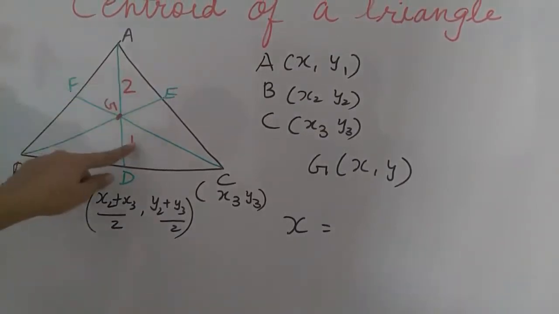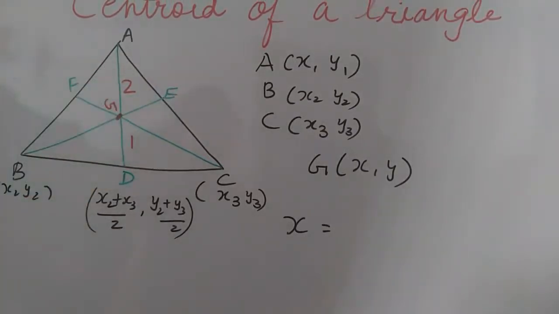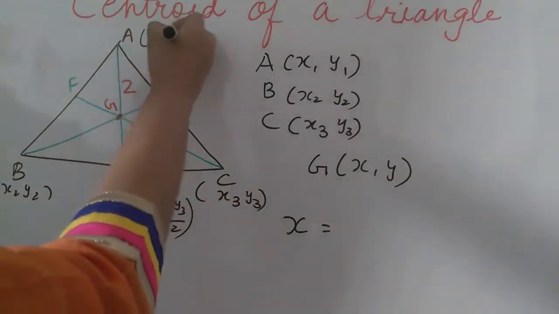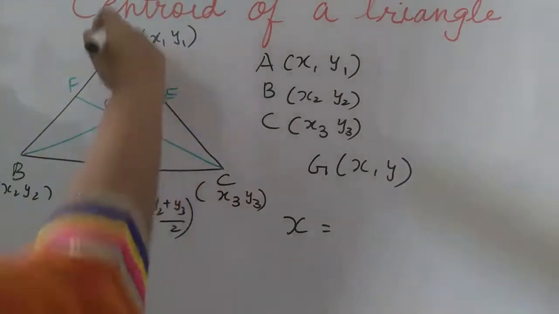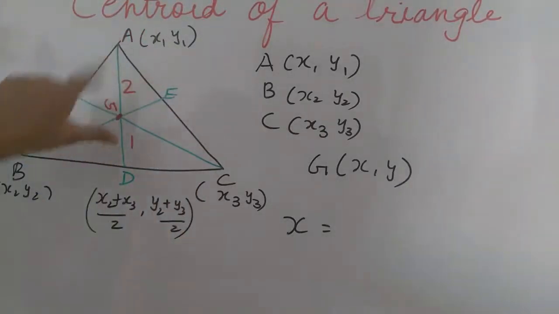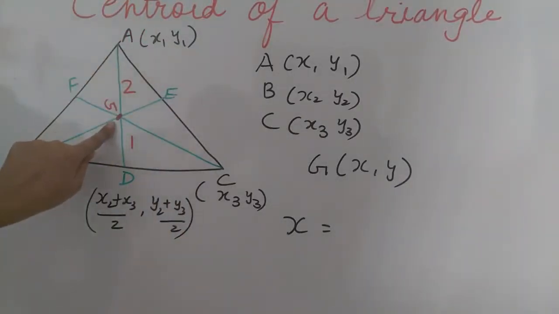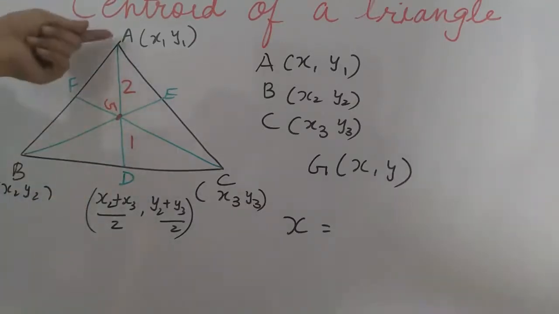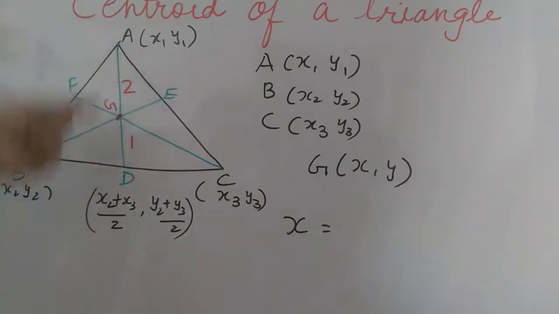2:1 is the ratio of division given, and A is x1 y1, which we already know. So now this is the line segment AD and G is the point of intersection here, and it is dividing in 2:1, and G lies in between these 2 points. So now I use my section formula.